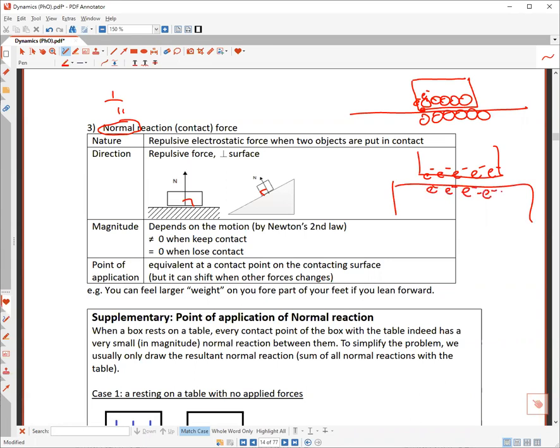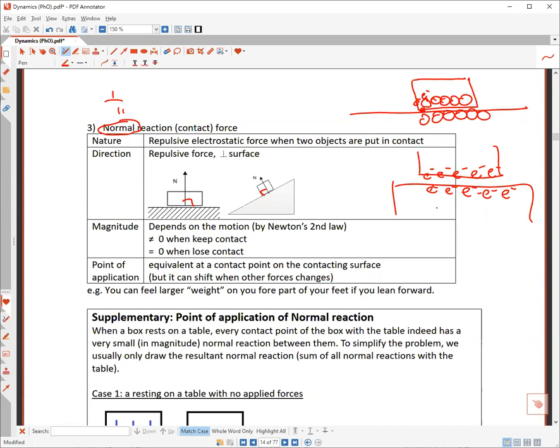When these two objects are in contact, so they're closer to each other or compressing each other, then the electrons are very close to each other. Same charge will repel.